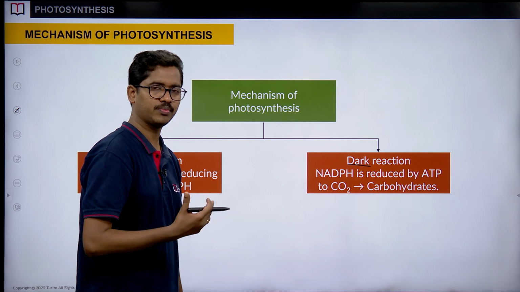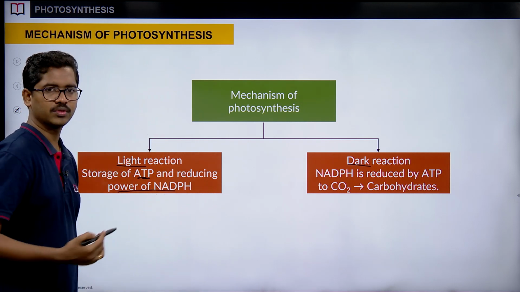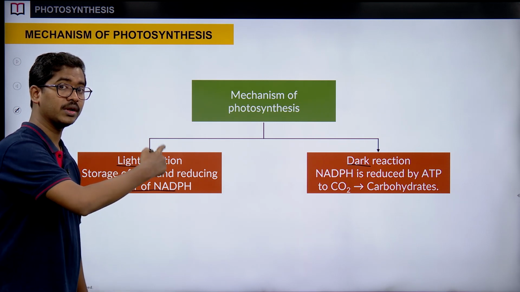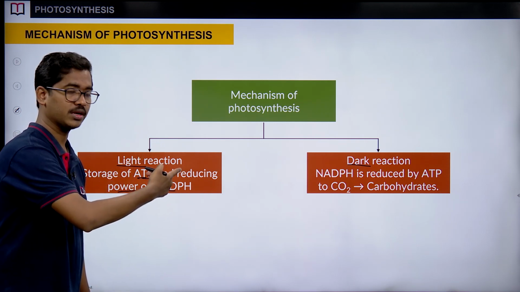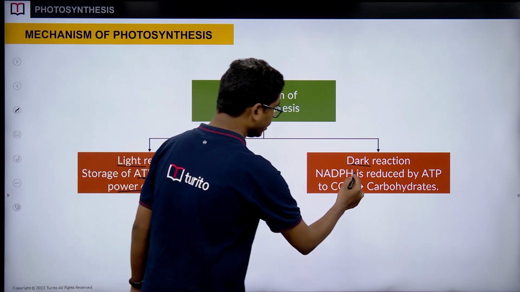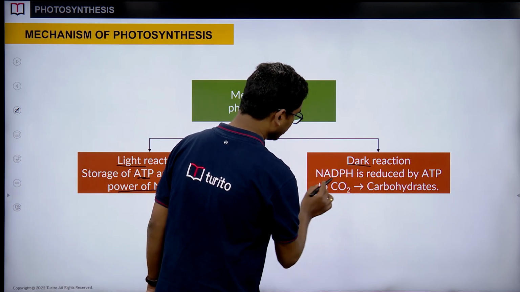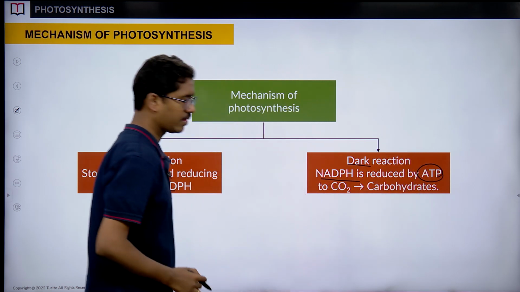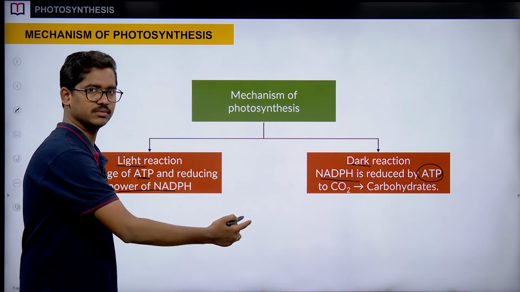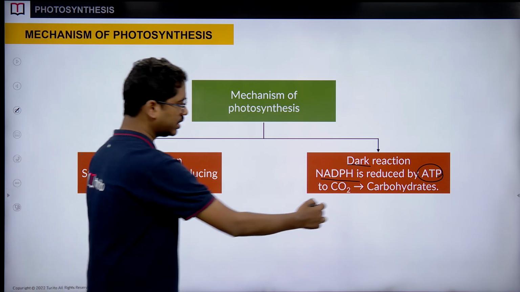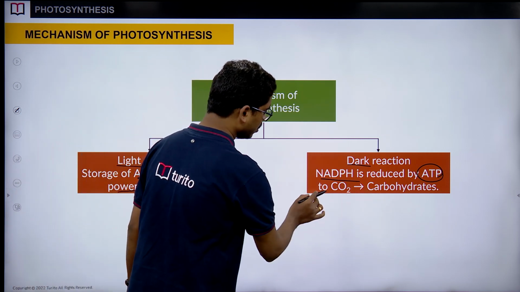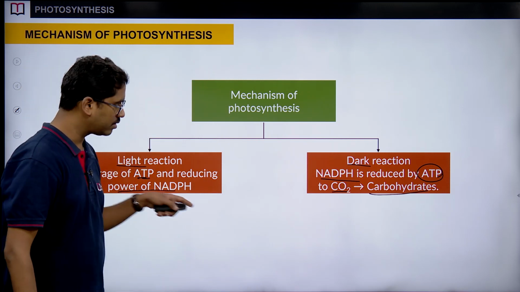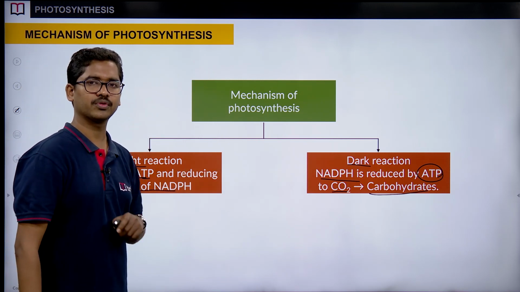Carbohydrates are formed by reducing carbon dioxide, you know that. If you observe carefully, the dark reaction is happening here. We needed ATP and NADPH, and here they were used. CO2 is converted here, that is all. This is the simple mechanism of photosynthesis.